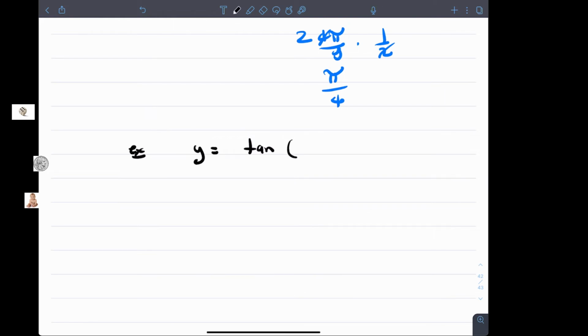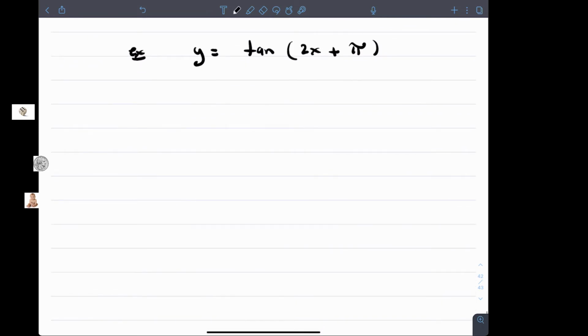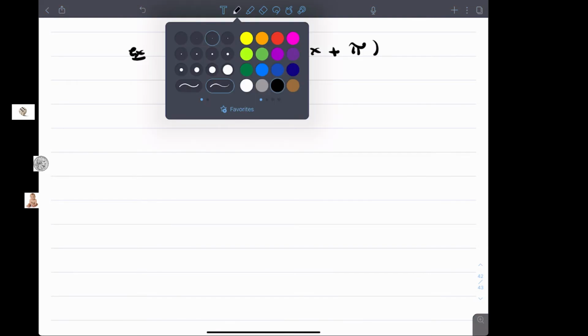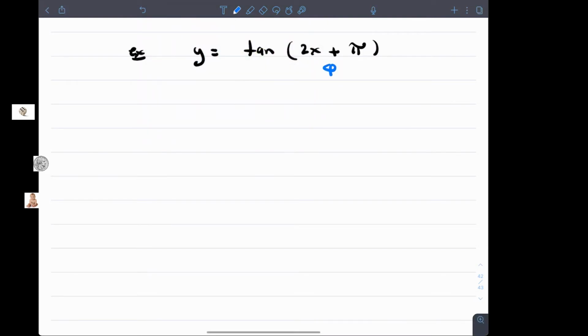Let's see, hopefully we have time here. 2x plus pi. You say, I got to replace this with what? 2x plus pi over what? 2.